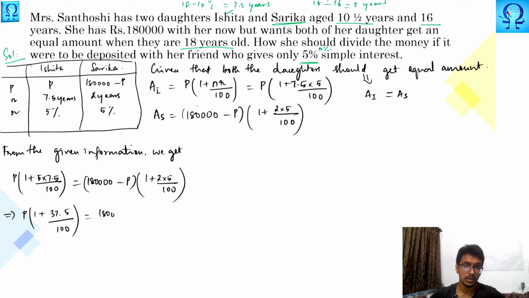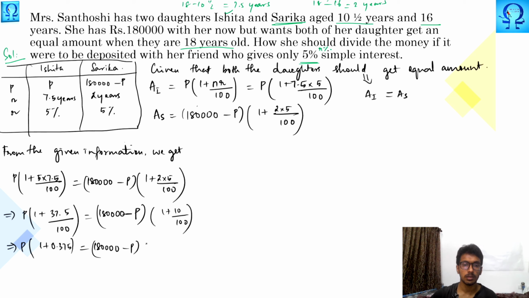So it is 1,80,000 minus P times (1 plus 10 upon 100). So we would get P times (1 plus 0.375) equals 1,80,000 minus P times 1.1. We may directly write this as 1.375. Okay, so let me write that way. These are the things that we have.